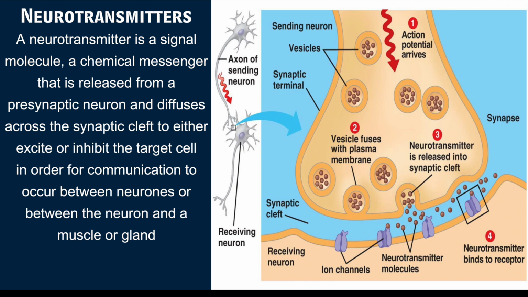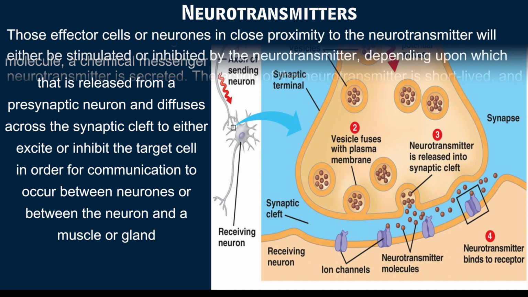What are neurotransmitters? A neurotransmitter is a signal molecule, a chemical messenger that is released from a presynaptic neuron and diffuses across the synaptic cleft to either excite or inhibit the target cell in order for communication to occur between neurons or between the neuron and muscle or gland.